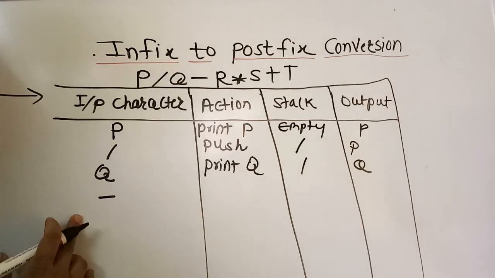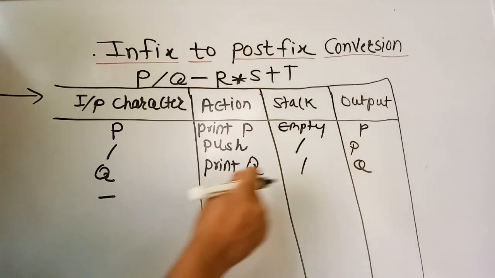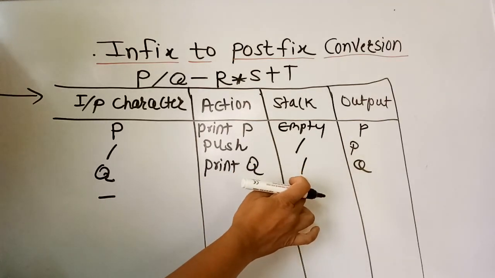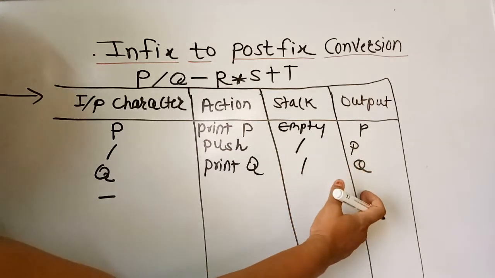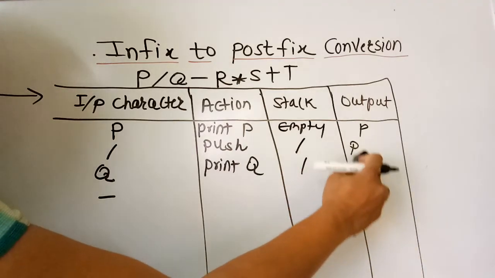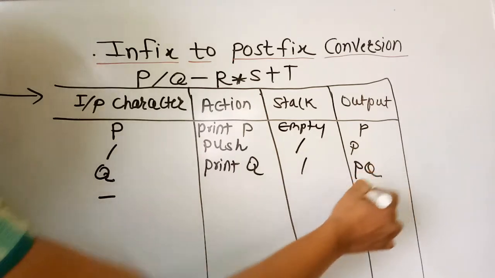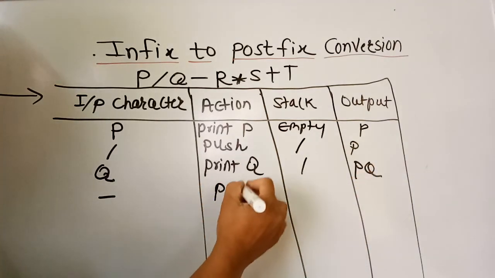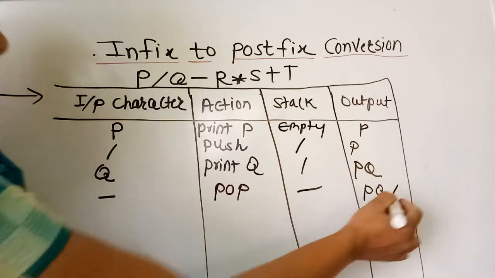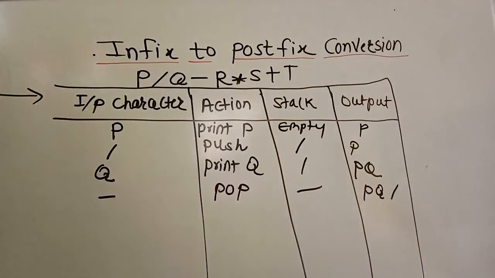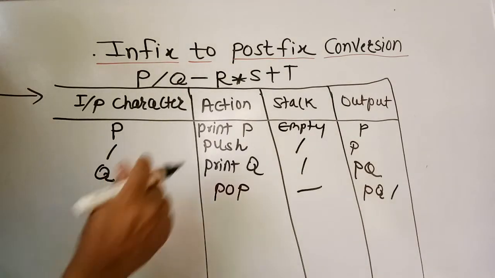Minus is an operator, but the stack already contains the divide operator, and divide has higher priority than minus, so we have to start popping the stack elements onto the output device. So we perform the pop action, print it on the output device, that is PQ and then the divide operator.